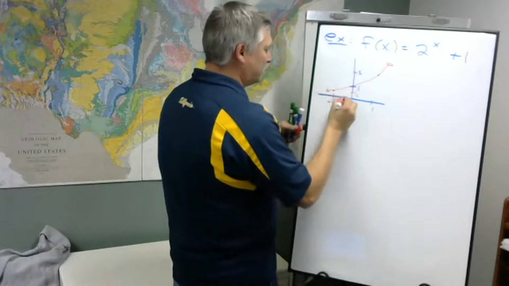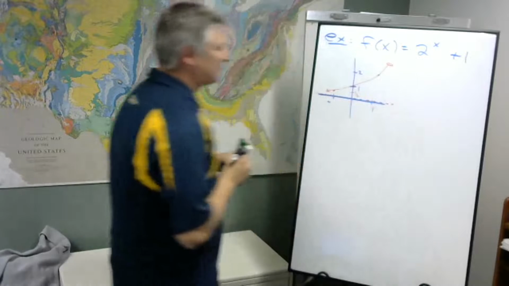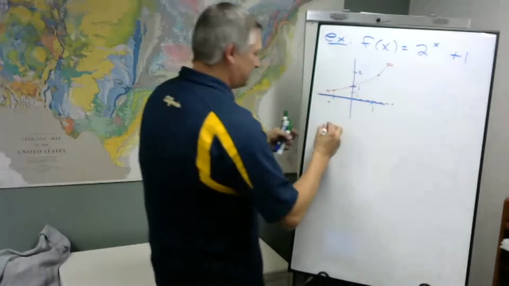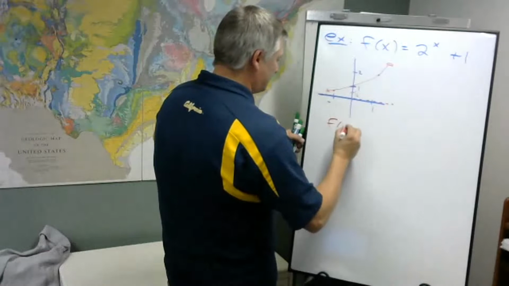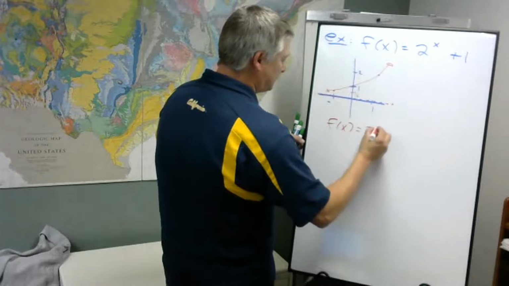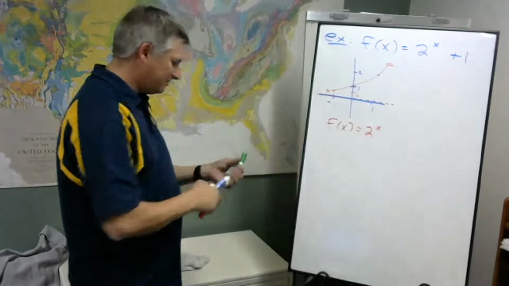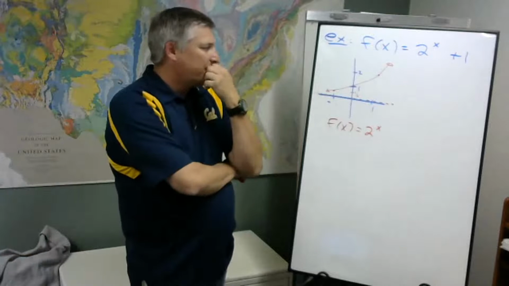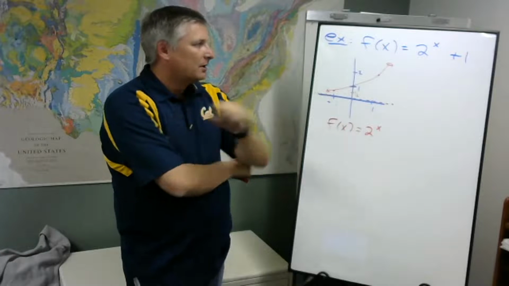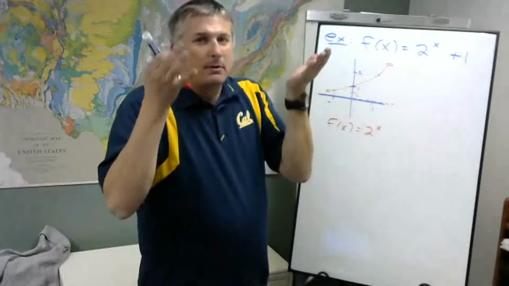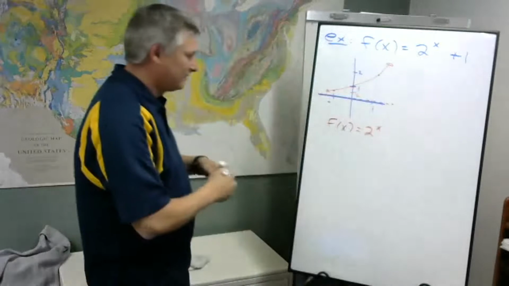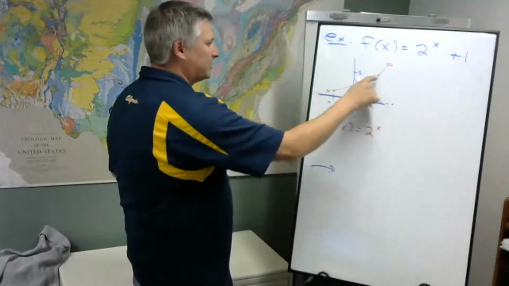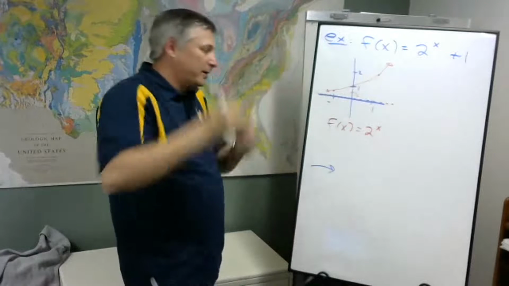And don't forget that horizontal asymptote. So this is going to be f of x equals 2 to the x. What we do when we transform this means we're going to raise it up by 1. So all of our trace points are going to be lifted up by 1.